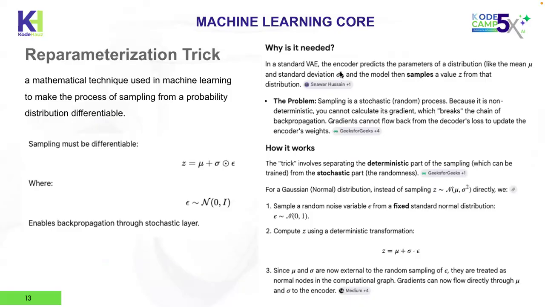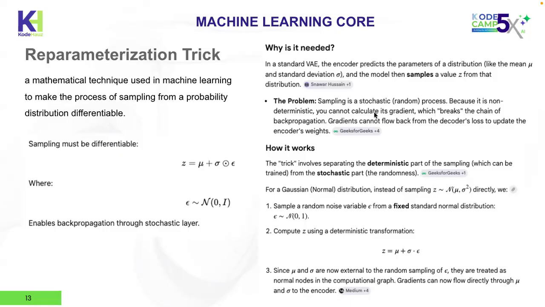So it's trying to predict the mean and standard deviation. Then from that distribution, the model will sample randomly a value. It will sample randomly multiple values. That's how you train it. For each data point, you are randomly sampling.